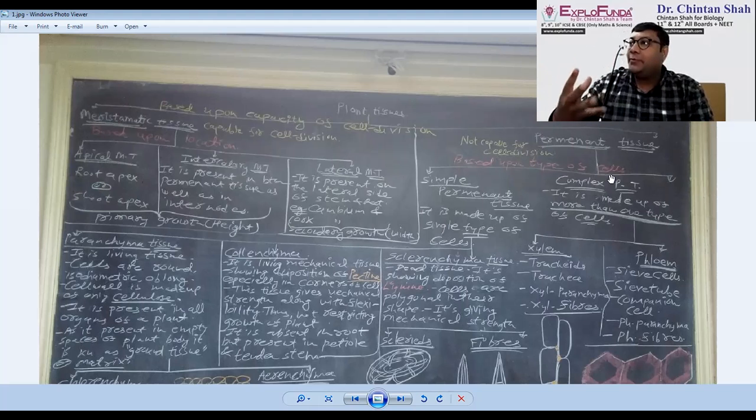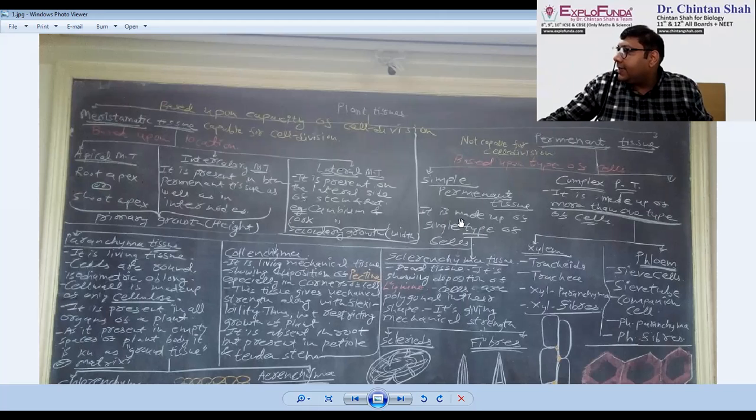It is made up of only one type of cell. Listen carefully: I'm not saying a tissue made up of one cell, I'm saying one type of cell. If they are made up of a single type of cell, then they are known as simple permanent tissue.